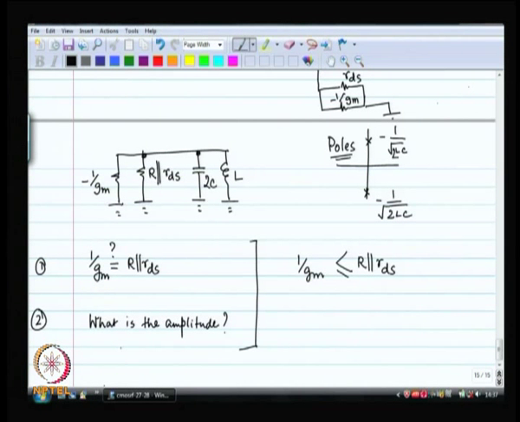I probably can't guarantee that 1 by Gm is going to be equal to R parallel RDS, but maybe I can make Gm large enough.